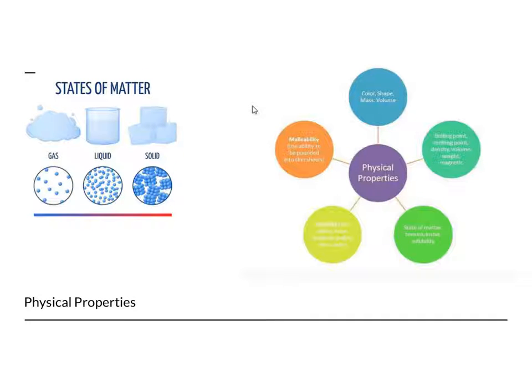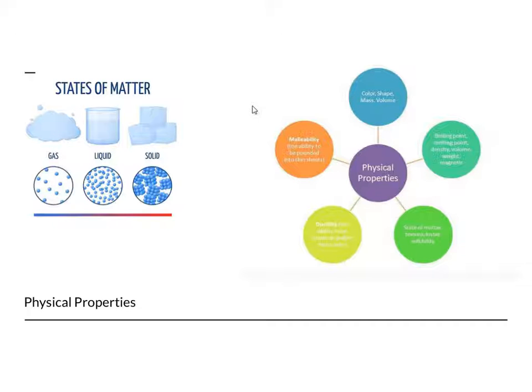This slide shows some examples of physical properties. On the right, you'll find that physical properties are listed, and so you have color, shape, mass, volume, boiling point, states of matter, ductility, and malleability, and some additional descriptions of those words.